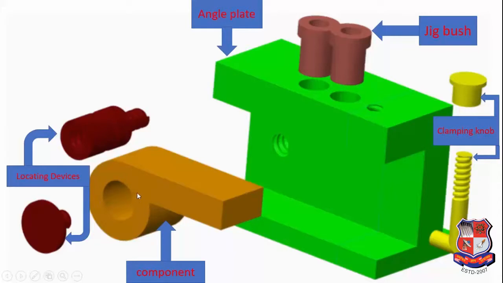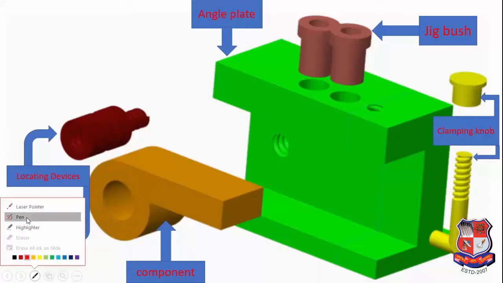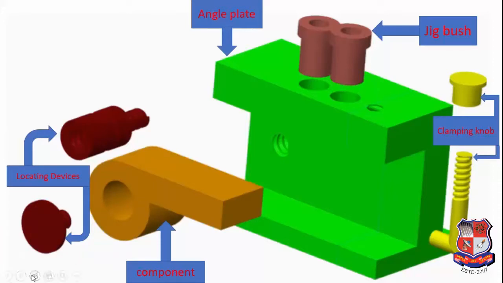So here this is a locating surface, and this is a surface where we want to drill hole. So this component is located here, and at 90 degree we will drill 2 holes with the help of jig bush.